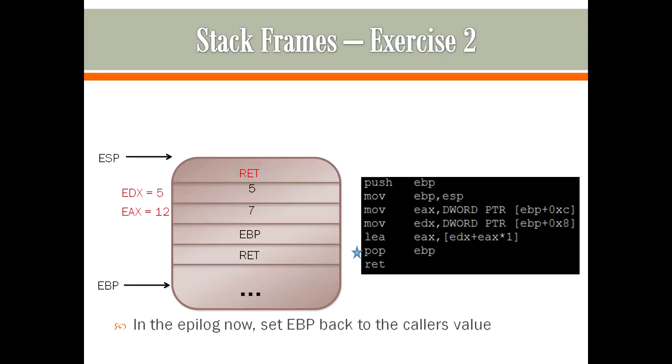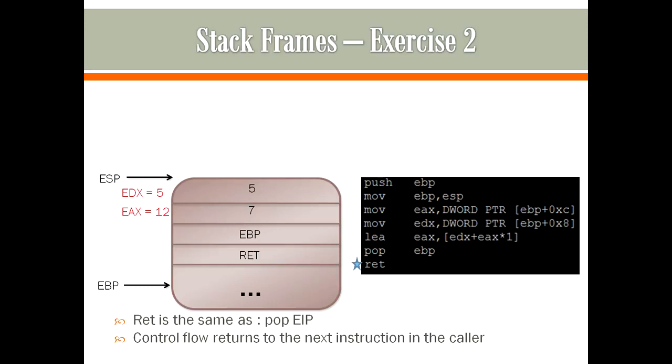So we pop EBP, setting EBP back to the caller's value, and now we return by popping the return value into EIP. When exploiting a binary, if you can control the stack in any way, it's possible to overwrite the return address so that when it's popped into EIP, it will then execute your code instead of the original program. The control flow returns to the next instruction in the caller function, in this case the next instruction of our main function.